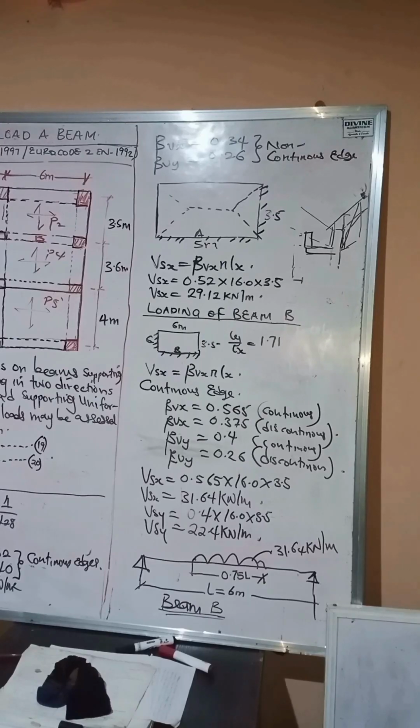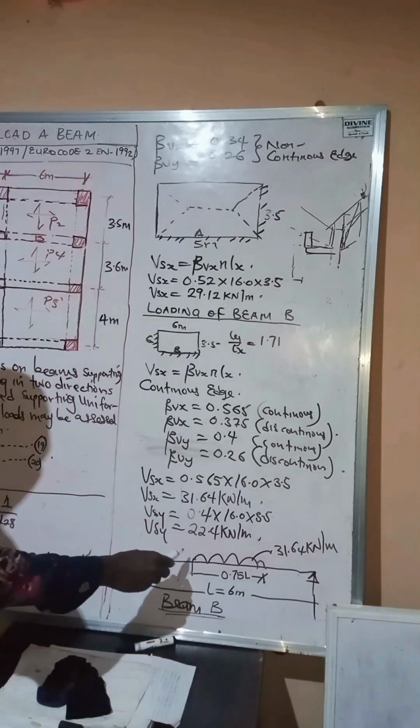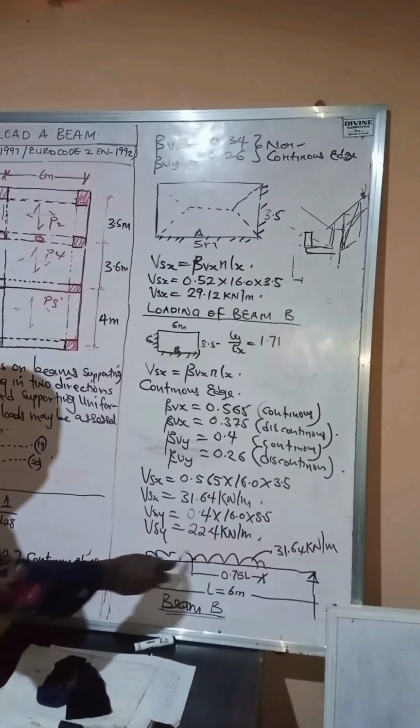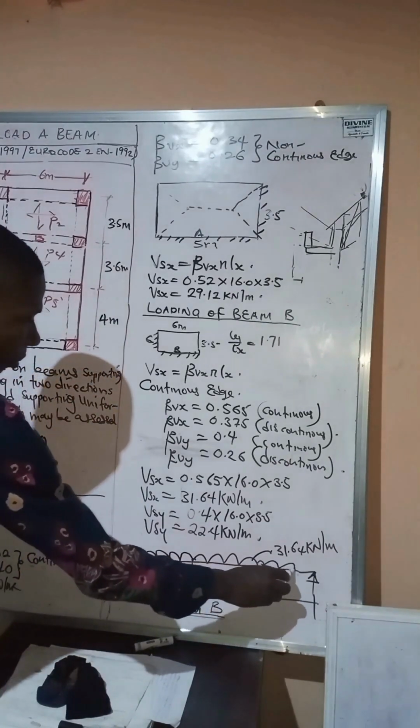If you look at the beam, you discover that the load is placed at 0.75 L of the span. But to make it easier for analysis, you can decide to run that UDL throughout the span. So we can say that the UDL can be expanded this way, this way, and this way.